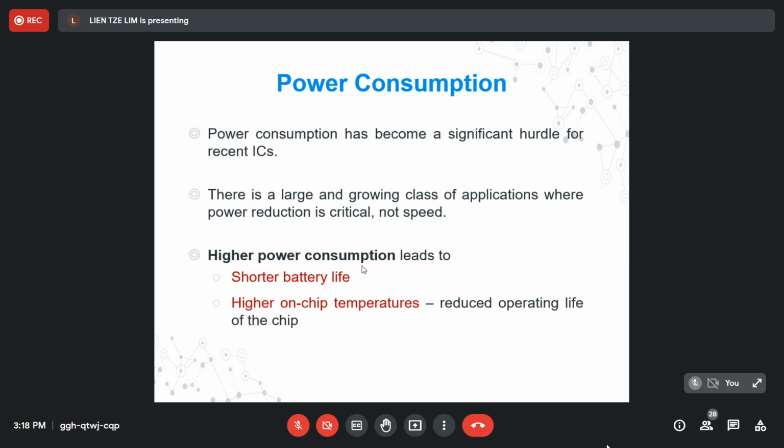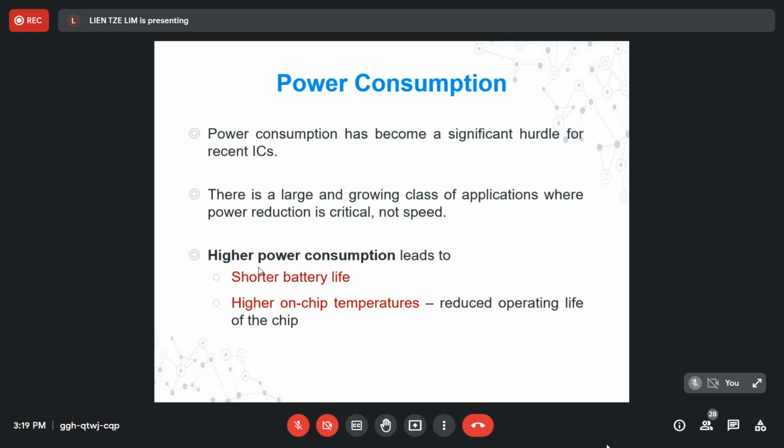If the mobile phone is under high temperature all the time, the phone lifetime will reduce. So this applies to the chip as well, with the same concept. You need to remember that higher power dissipation will cause a shorter battery life.